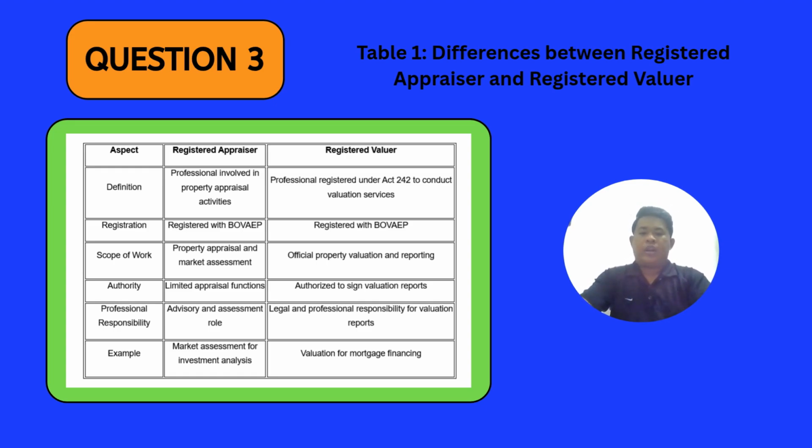For example, in table 1, market assessment and investment analysis are for the registered appraiser, and evaluation for mortgage financing is for the registered valuer. For registration, both are registered with the board. For authority, the registered appraiser has limited appraiser functions, and the registered valuer is authorized to sign valuation reports.